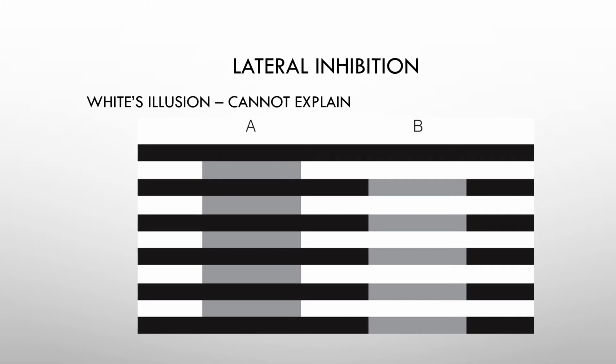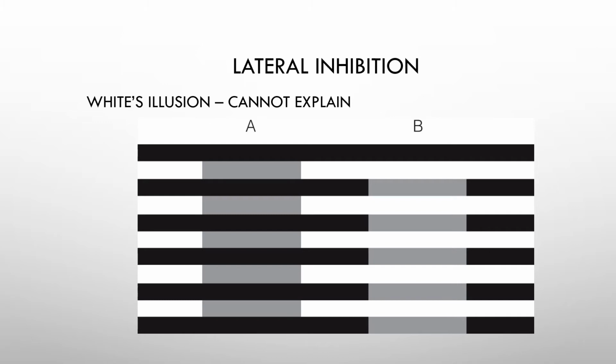We do have neurons that have excitatory and inhibitory influences on our color vision up at the visual cortex, so we have to consider this kind of larger interpretation, even though what we just explained was lateral inhibition at the level of the retina. That really does not explain White's illusion at all.